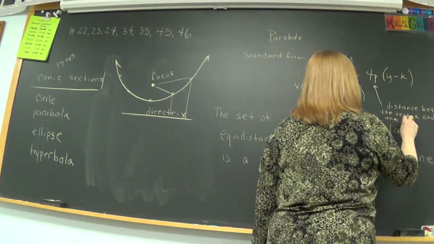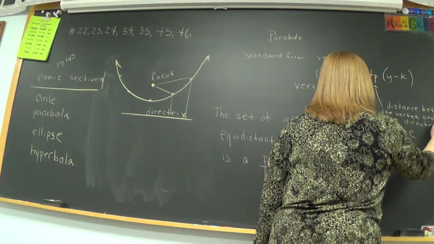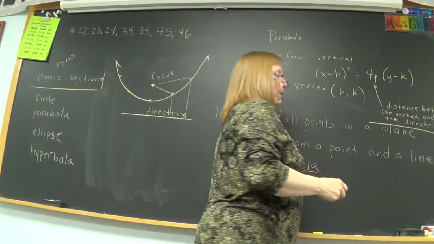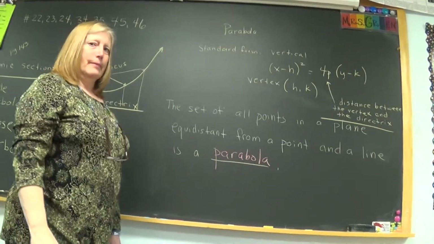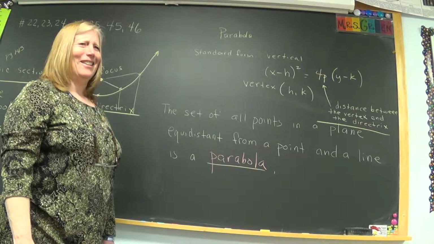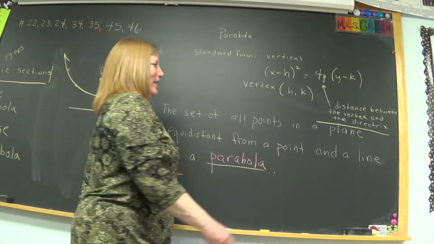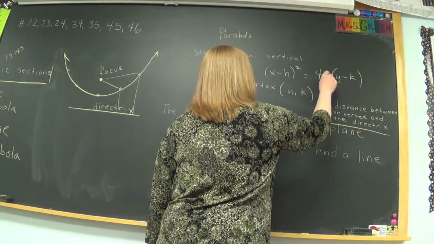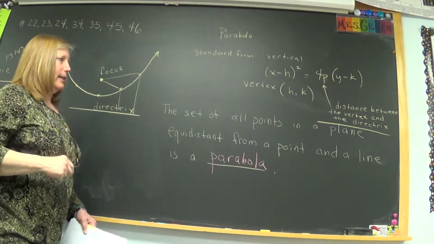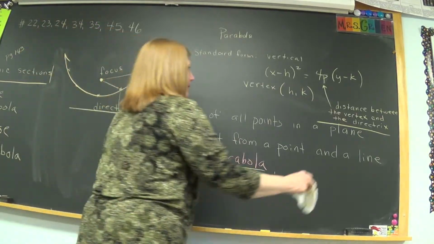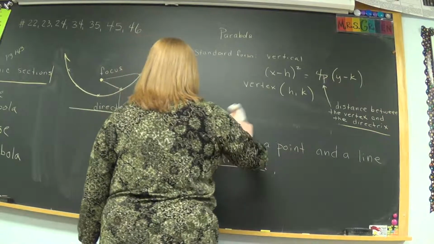The distance between the vertex and the directrix is what P is. The distance between the vertex and the directrix is what our P stands for. We're going to put this all together so it'll make sense by an example in a minute. So write that down, if you can, on page 143.